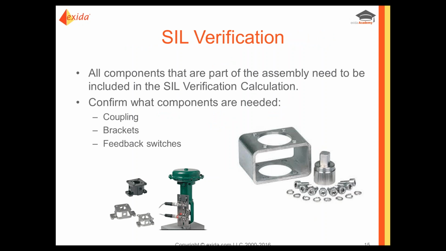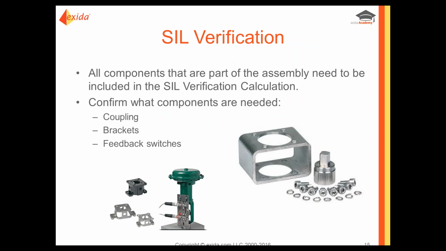If we look at SIL verification, the key thing here is that all components that are part of an assembly need to be included in the calculation. And I mentioned before that some OEMs have the coupling and bracketing with their device. Many don't.